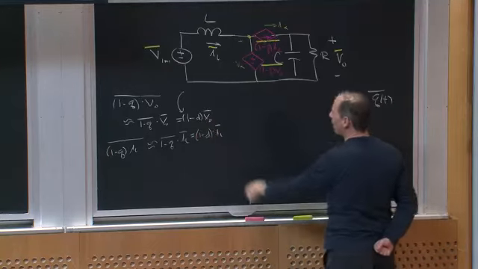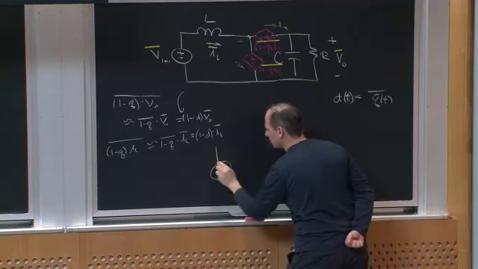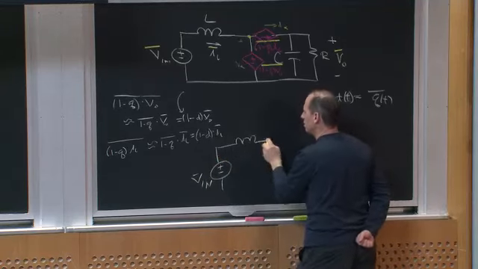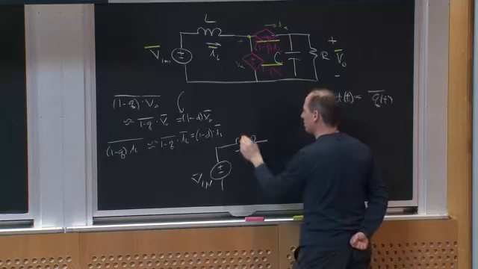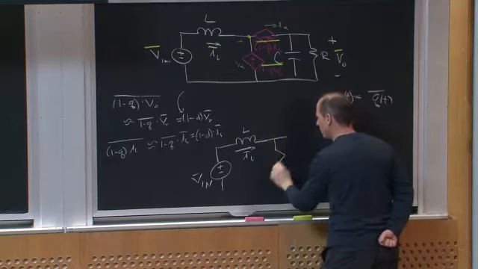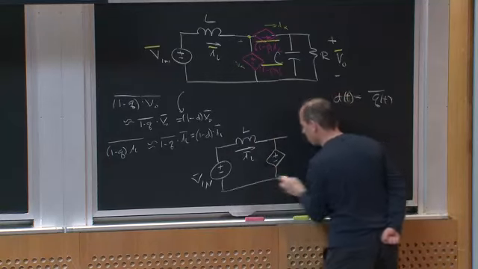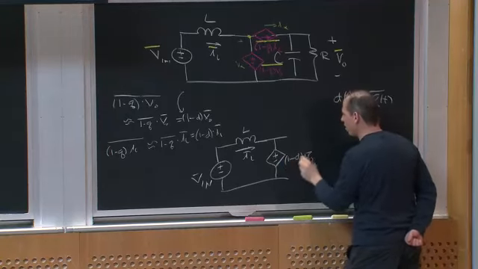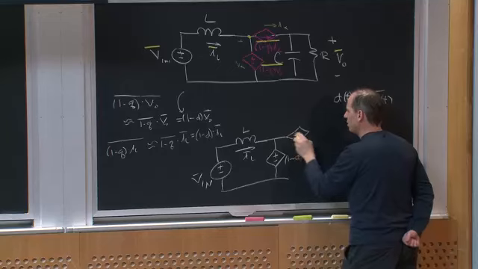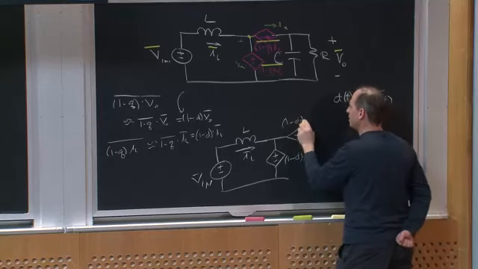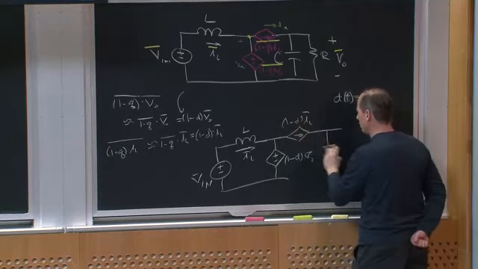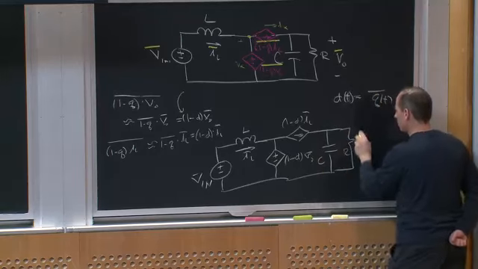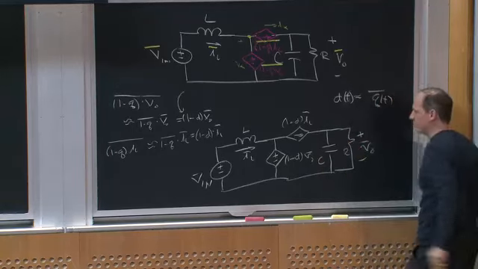And I can average this circuit, and what I'm going to get is this: V in bar, IL bar, this becomes a source, 1 minus D times V out bar, and this becomes 1 minus D times IL bar, C, R, V out bar, okay?